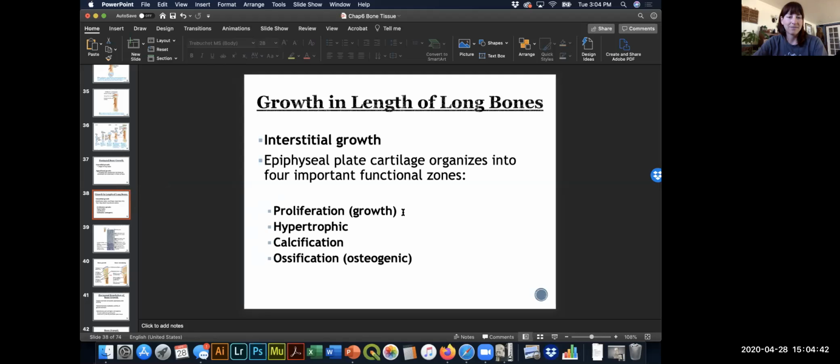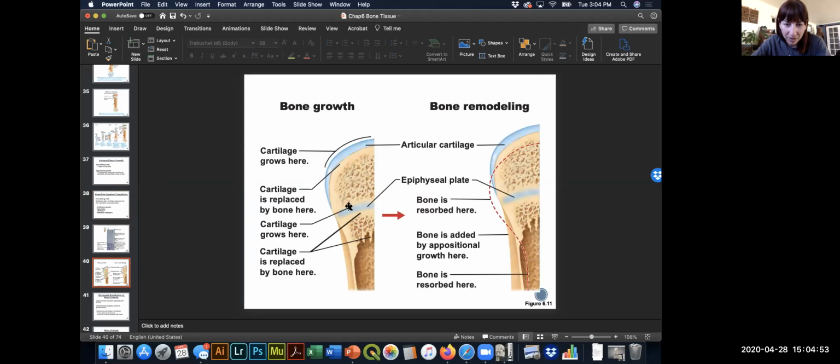Basically, this. The interstitial growth is the growth in the length of the long bones. These are different regions within this epiphyseal plate right here. You've got the epiphyseal plate at the ends of your long bones, right? This is just long bones. And you've got growth happening here when you're a kid and a teenager, right?